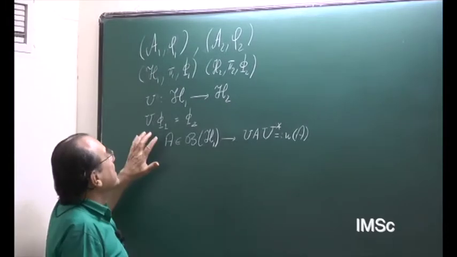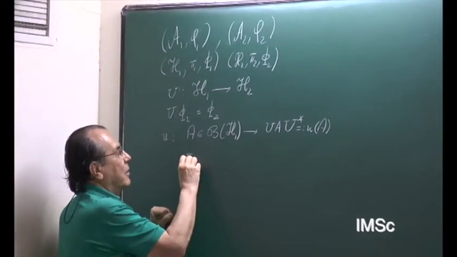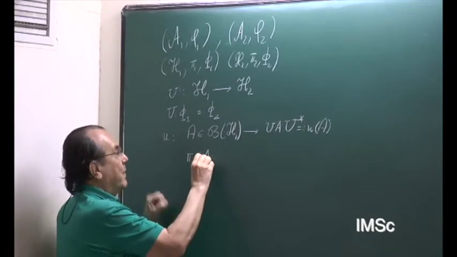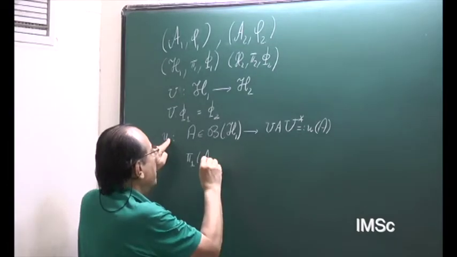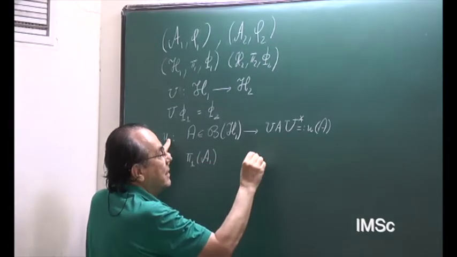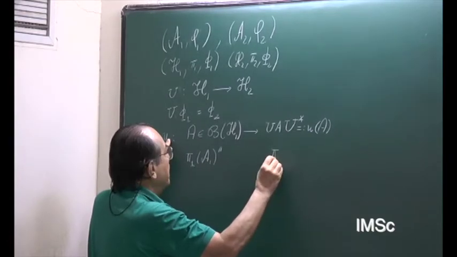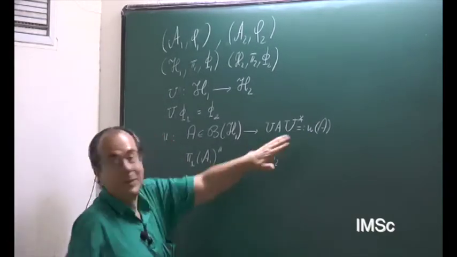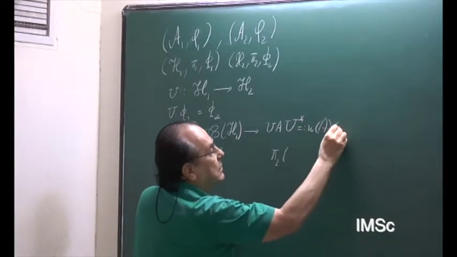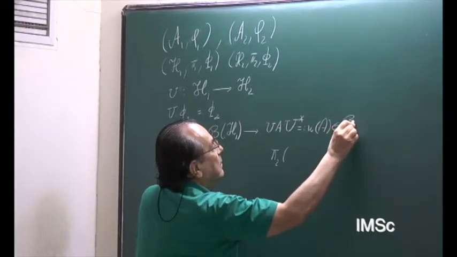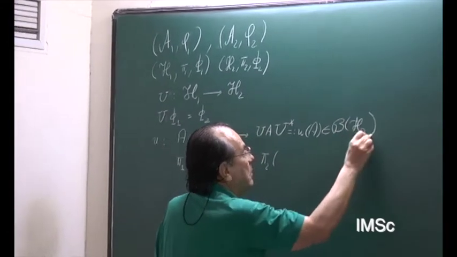But of course, it's not necessary that the image of this algebra by the restriction of this isomorphism will be contained in the image of this algebra, because this is true only for bounded operators, bounded operators on the Hilbert space H2.